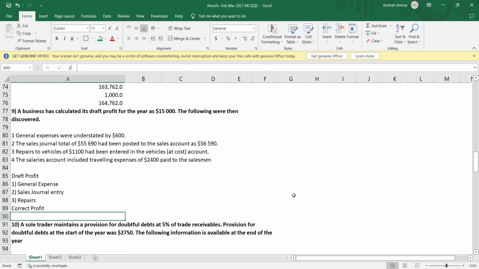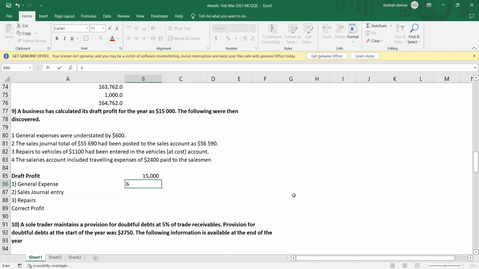So the draft profit is 15,000. Journal expenses were understated, so 600 should be deducted from it. Then the sales journal had been posted as 56590 instead of 55690.